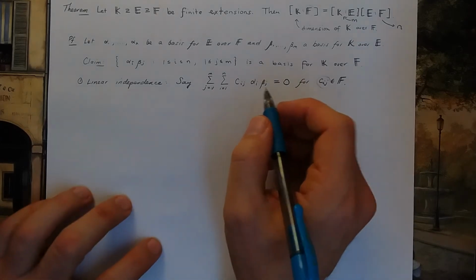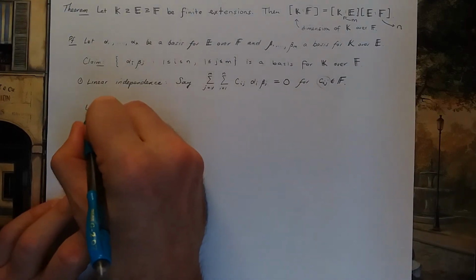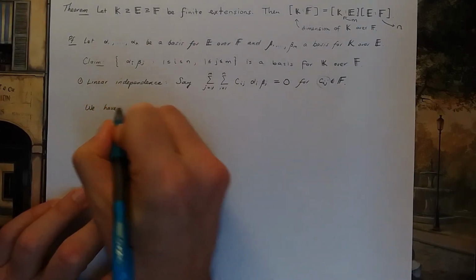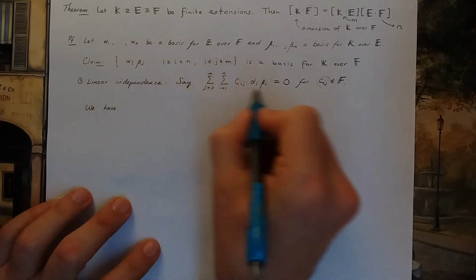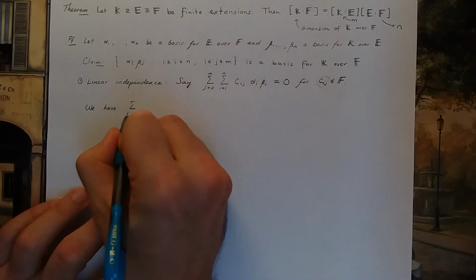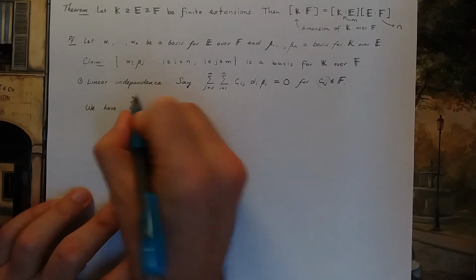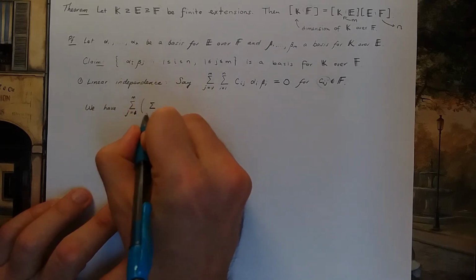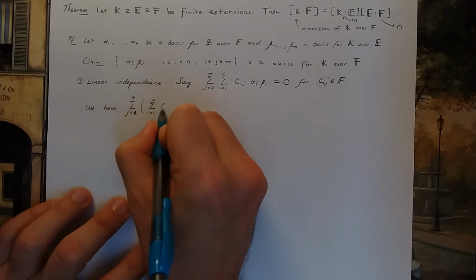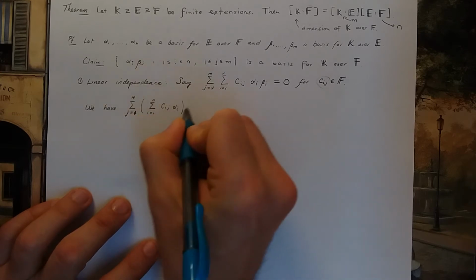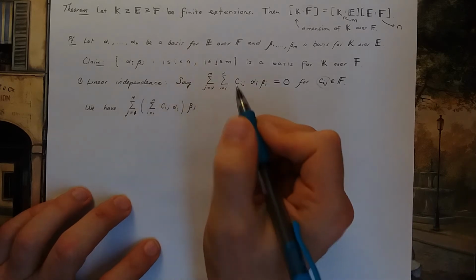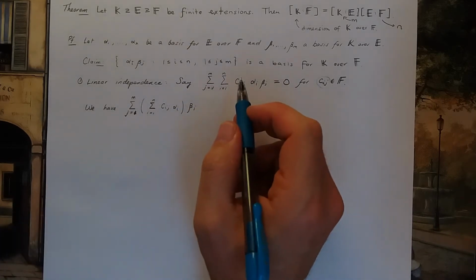So we have, though, that this sum, the sum j going from 1 to m, the sum i going from 1 to n, Cij alpha i times beta j, that's this same expression. That's equal to 0.